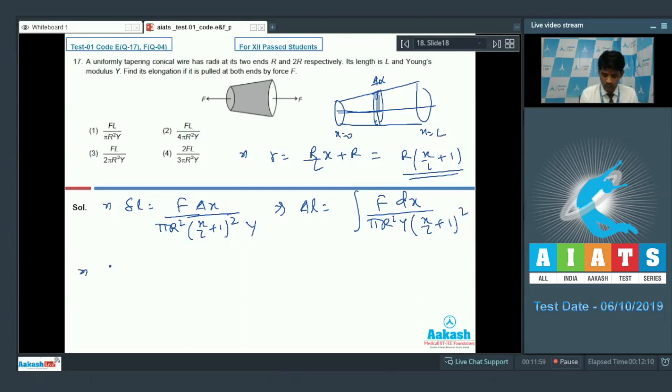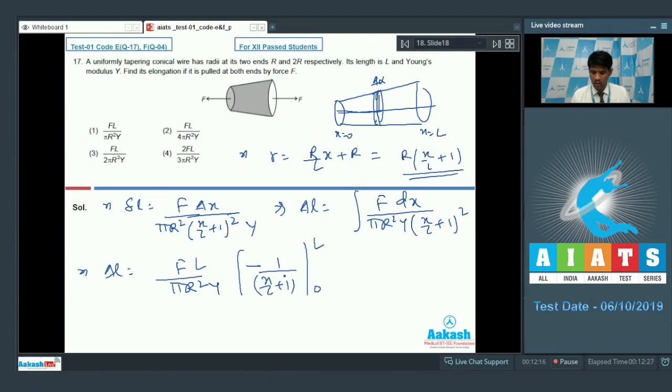Integration of this portion gives F by pi r square Y, L here, times minus 1 by (x by L plus 1), from 0 to L. So delta L would be FL divided by pi r square Y, and this portion has the value of 1 by 2.